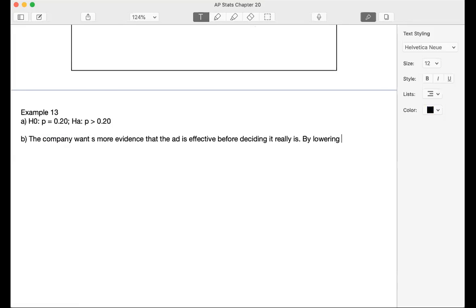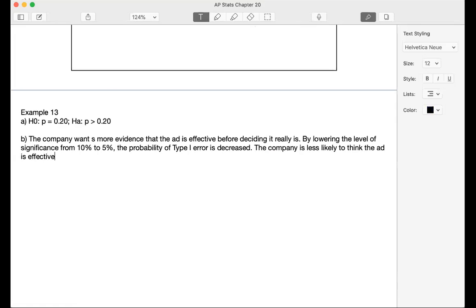So by lowering the level of significance from 10% to 5%, the probability of type 1 error is decreased. The company is less likely to think the ad is effective when it actually is not effective.